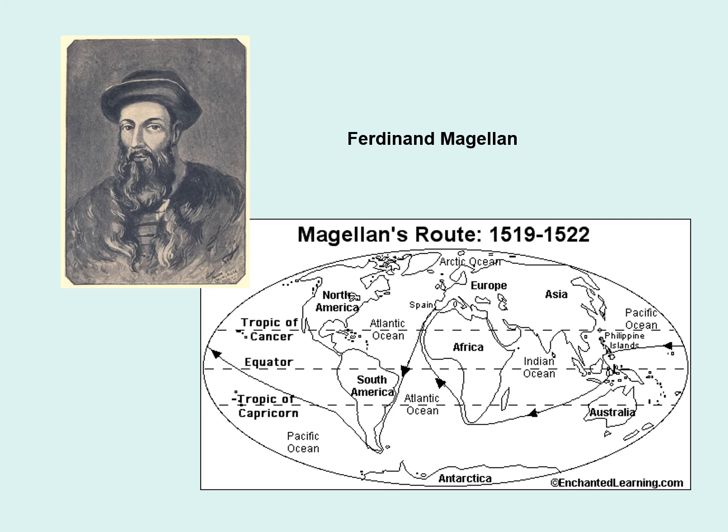Magellan was a Portuguese sailor financed by Spain, and in 1519 he put together a fleet of 5 ships and 265 men with the intention of sailing around the world, which had never been done before that anyone knew of.